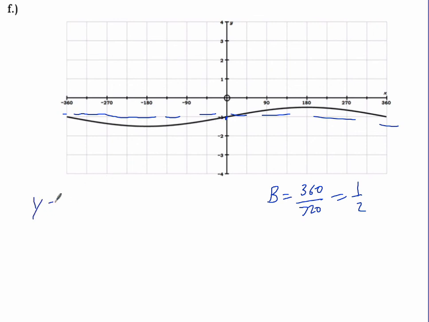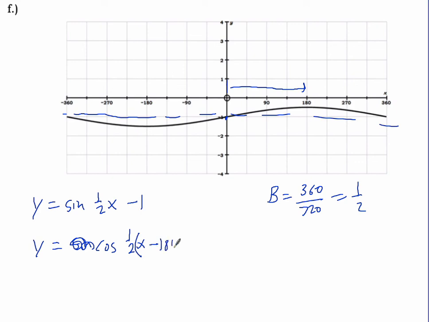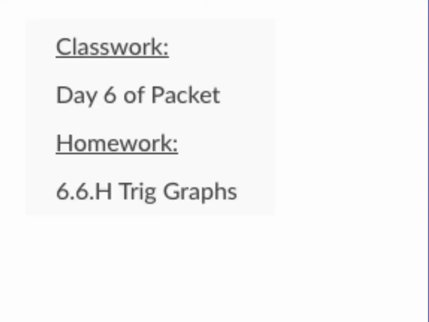So this is going to be y equals sine half x minus 1. Cosine, you could think of it as shifted over to the right by 180. So cosine half times x minus 180 minus 1. That gives you the graph in terms of cosine.